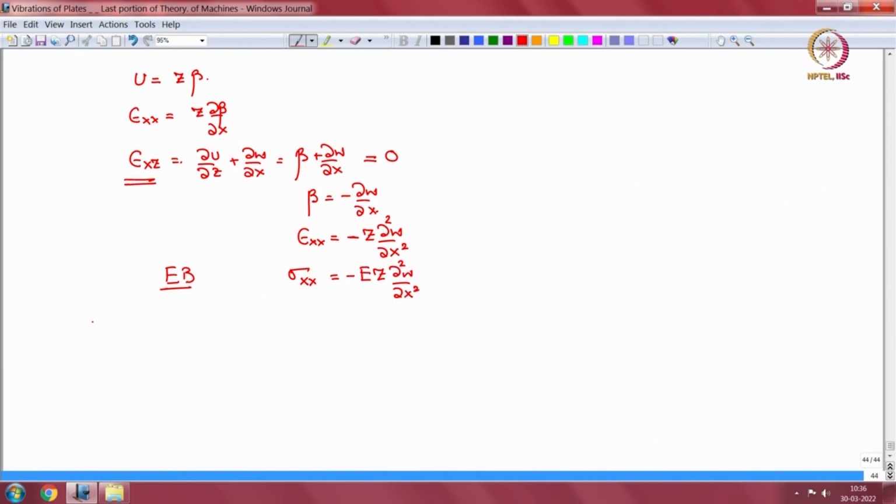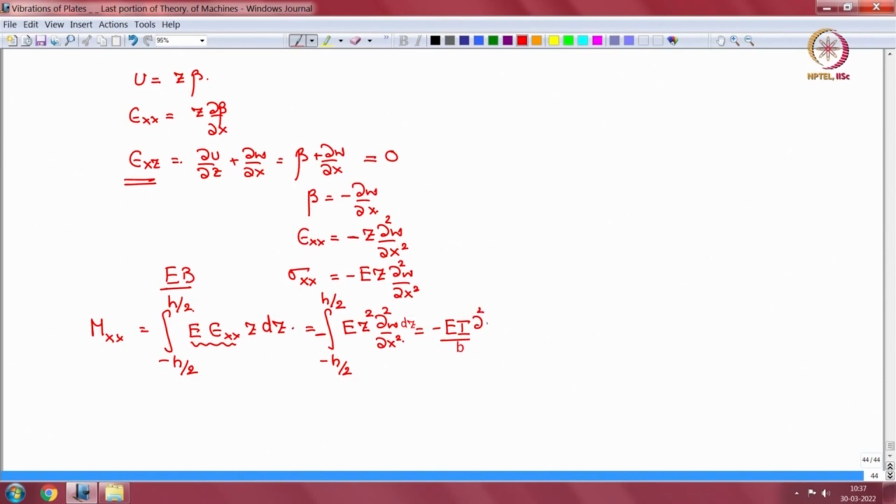Which means my moment resultant is the integral from minus h by 2 to h by 2 of sigma xx z dz, which is the integral of E z square del 2 w by del x square dz, which gives minus E I by b del 2 w by del x square.